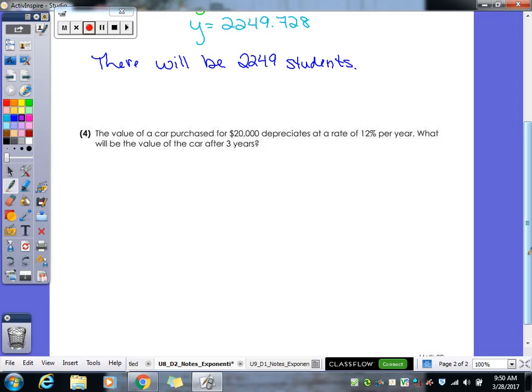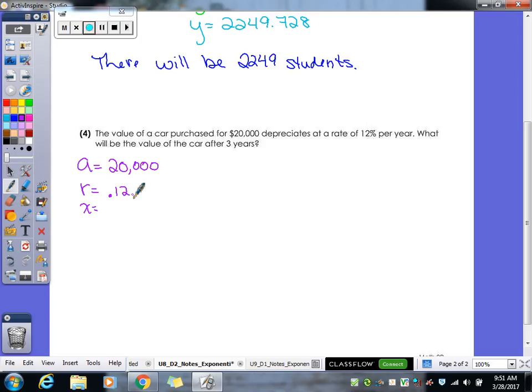And then our last one, the value of a car purchased for $20,000 depreciates at a rate of 12% per year. What will be the value of the car after 3 years? So let's make our little list here. What is our A value? 20,000. Our rate would just be 0.12.